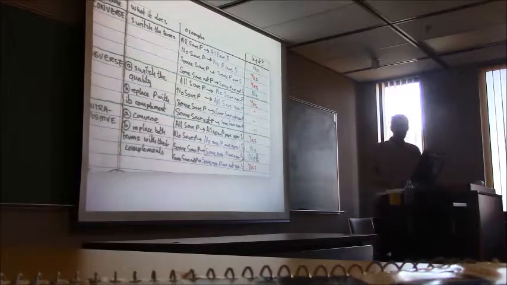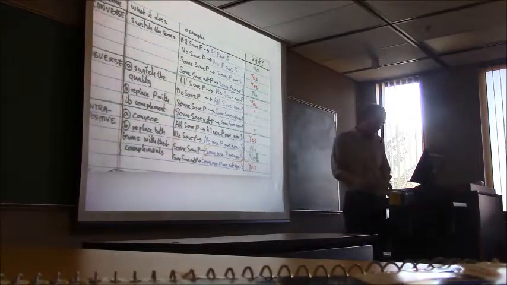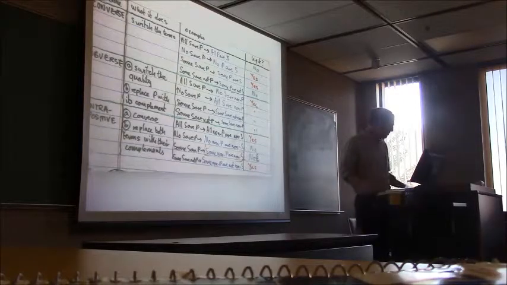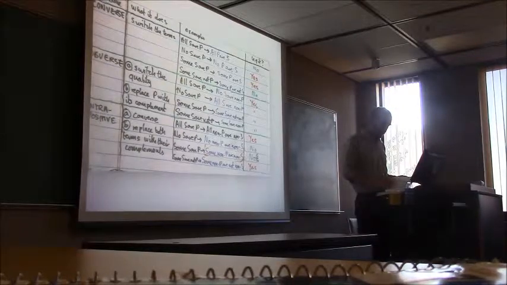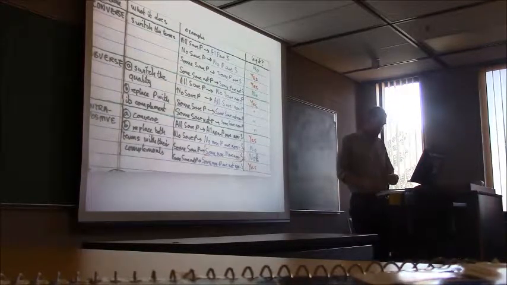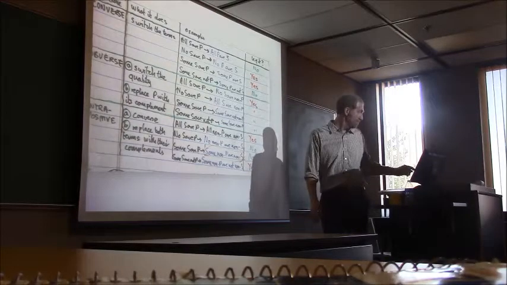All right. Now, we're going to return to chapter 8 because there's a couple of things that are going to be relevant. But for now, we're moving on to chapter 9. Chapter 9 is called Categorical Syllogisms.